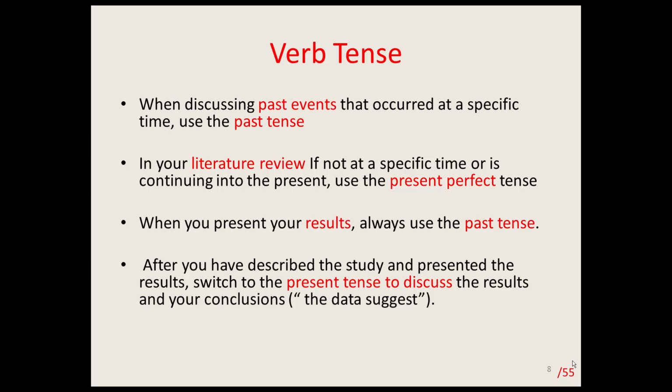Obviously, when discussing past events, you should use past tense. In the literature review, it's recommended to use present perfect as much as you can, and of course sometimes you have to use past tense. When you're presenting your results, it's better to use past tense, and when you are doing your conclusion or discussion, you can use present tense.